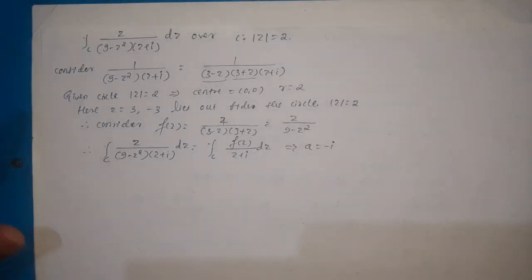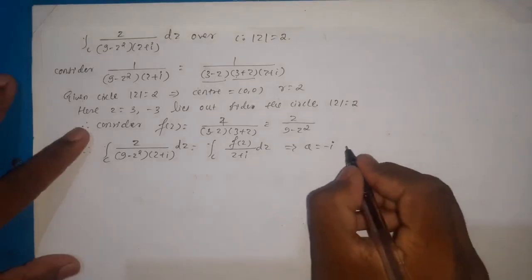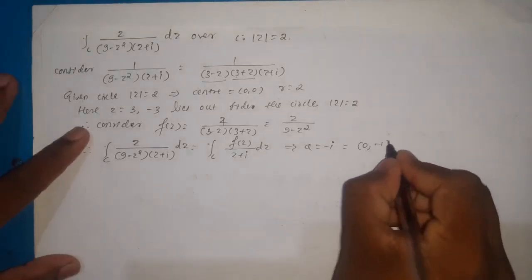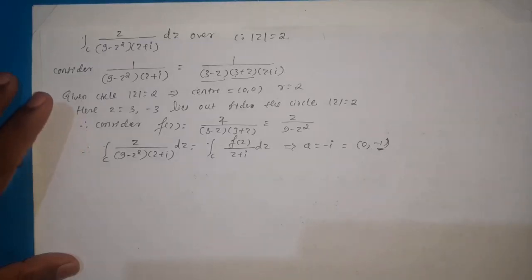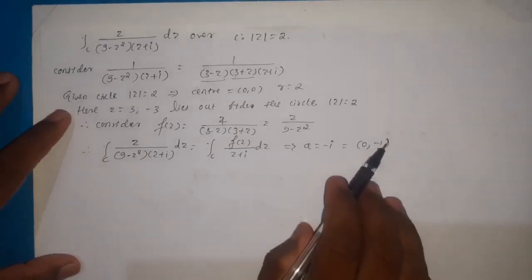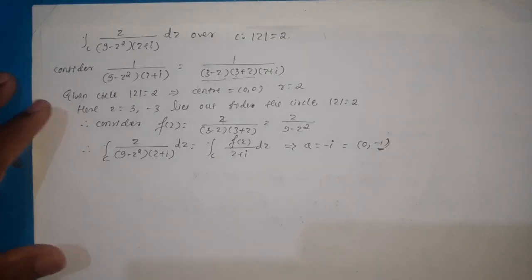Minus I, since it is in the standard form z minus A. Instead of minus here it is plus, meaning the point is negative, that is minus I. Then the coordinates are 0, minus 1. Here we got 1, which is less than 2. So the point lies inside, hence we can evaluate the value of the integral.